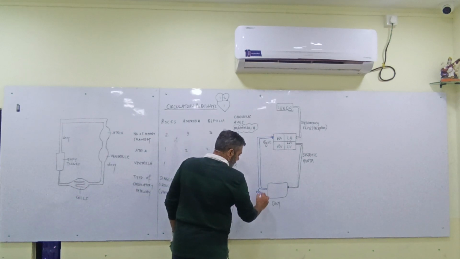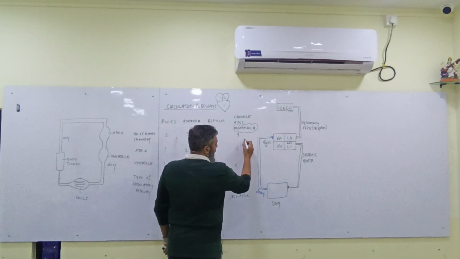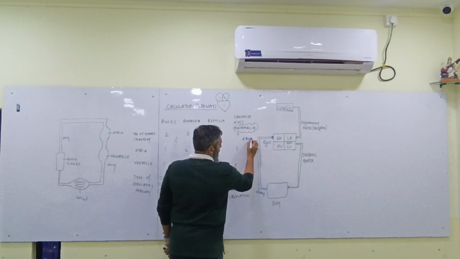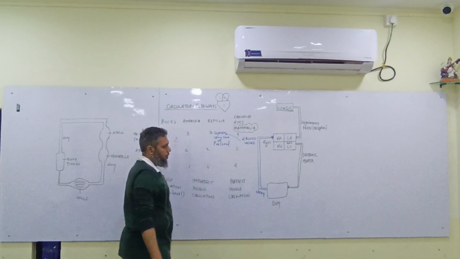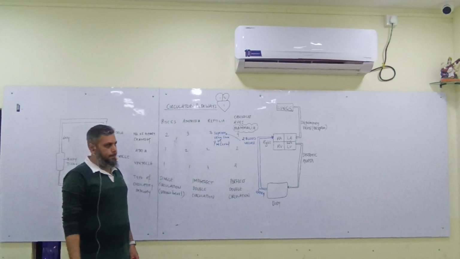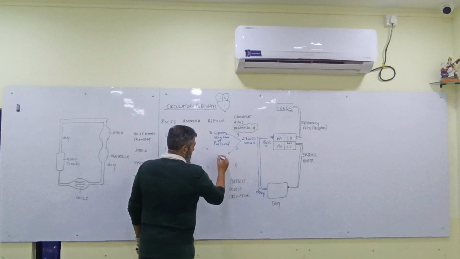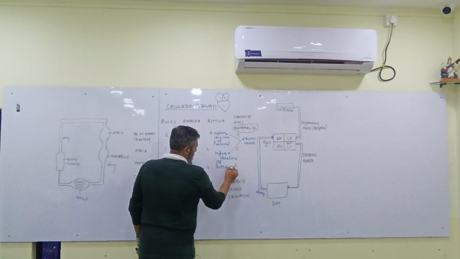And this deoxygenated blood flows into the right atrium via two important blood vessels, which are called the superior vena cava or the pre-caval vein. Okay? And the other blood vessel is the inferior vena cava or the post-caval vein.